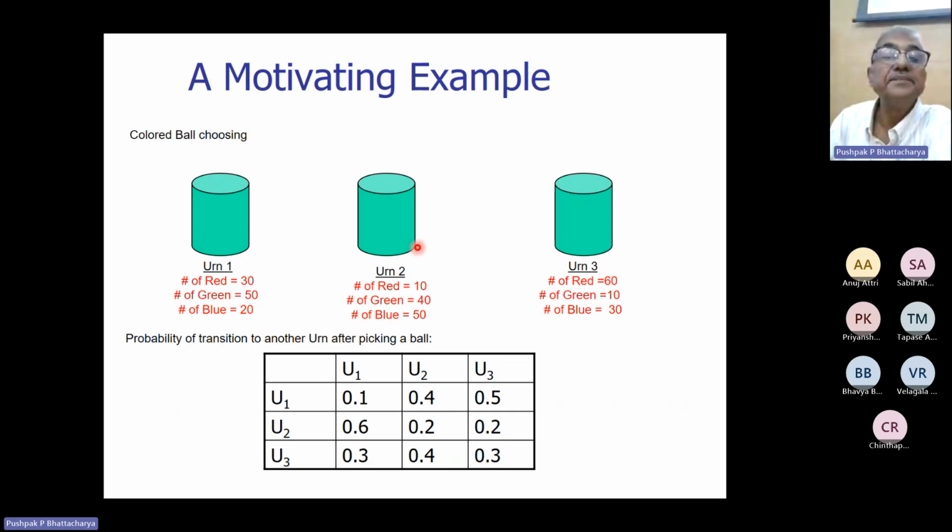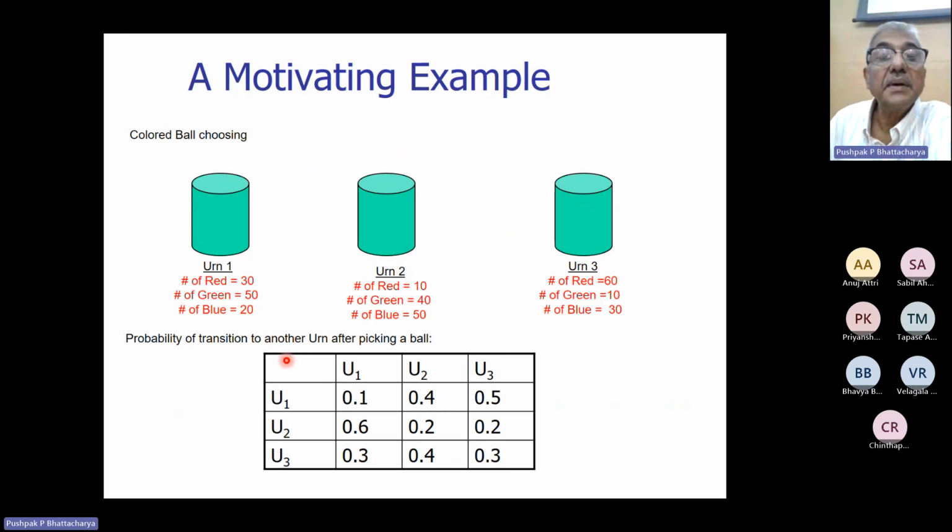So here is the situation. You have three urns or three containers, where the first container has 30 red balls, 50 green balls, and 20 blue balls. The second one has 10 red balls, 40 green balls, 50 blue balls. The third container has 60, 10, and 30.